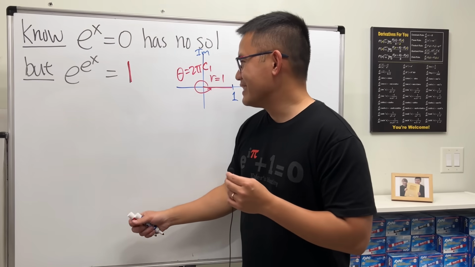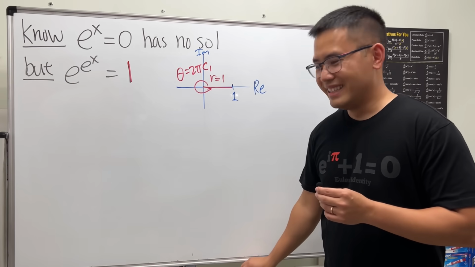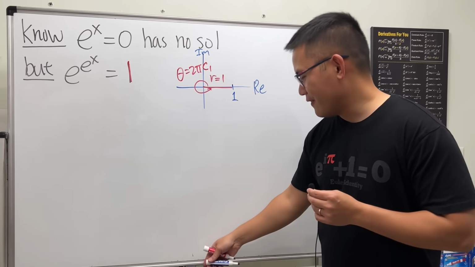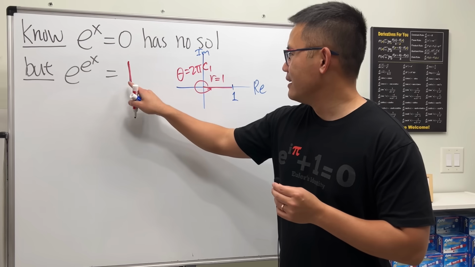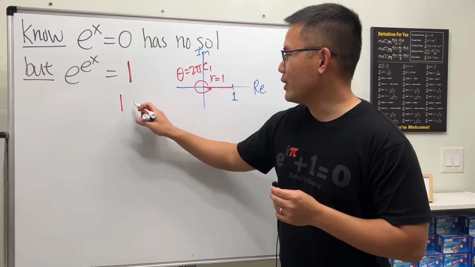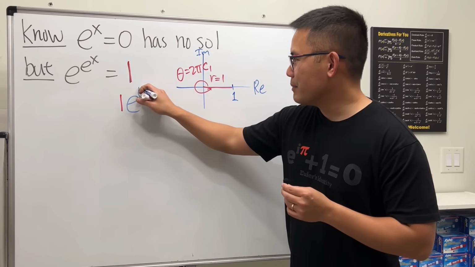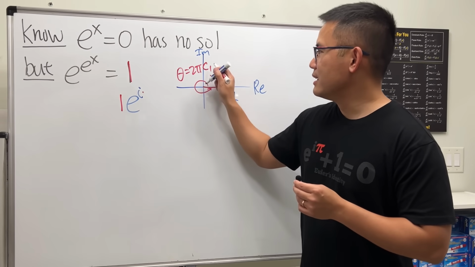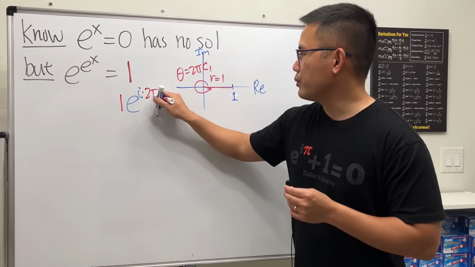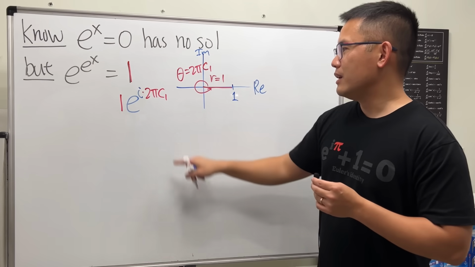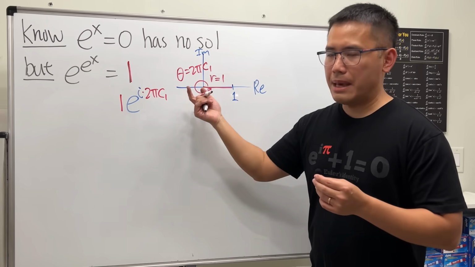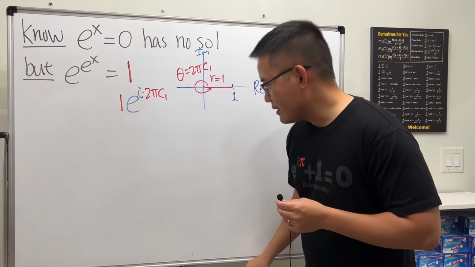What we are going to do is rewrite the 1 into the r e to the i theta form. r is just 1, but we are going to have e for the base, and then i, the complex number, times the theta, which is 2 pi c1. Most of the time people use n or m, but Wolfram Alpha, right?